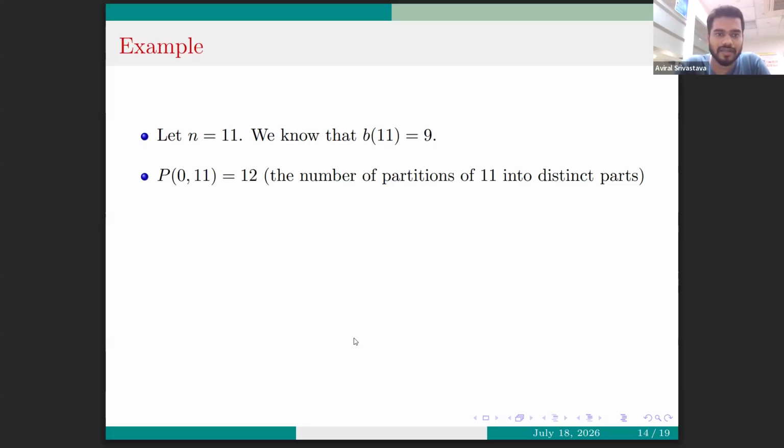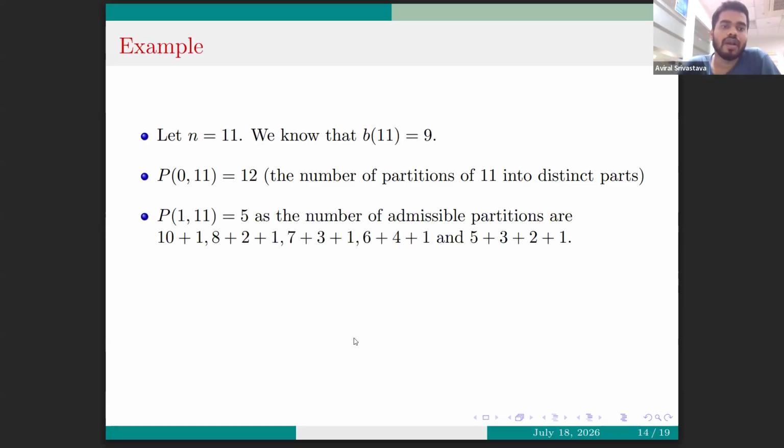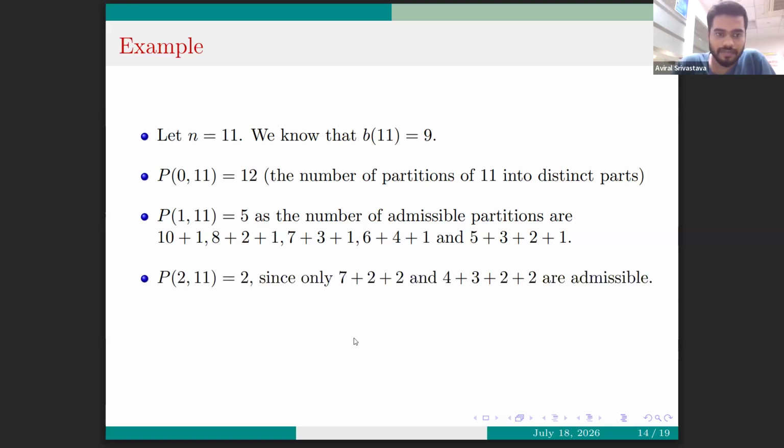To demonstrate the last theorem, p_0(11) is where there is no smallest part, so we are just counting the distinct parts. So there are 12 such partitions. Now p_1(11) is where we have one as the smallest part and it can repeat just one time. So we have 5 such partitions.